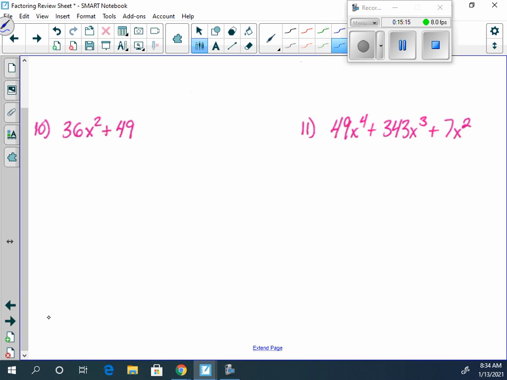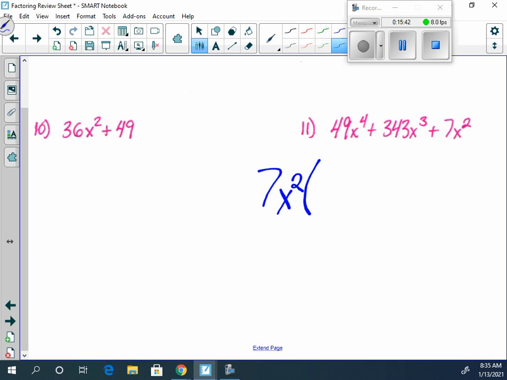Again, when we look at any of these, we want to see, is there a greatest common factor? 7 will go into all three numbers. And we also have what? X squared. Those 49, 343, and 7 are all divisible by 7, and all three terms have at least two x's, x squared, in them. And we're going to factor it out.